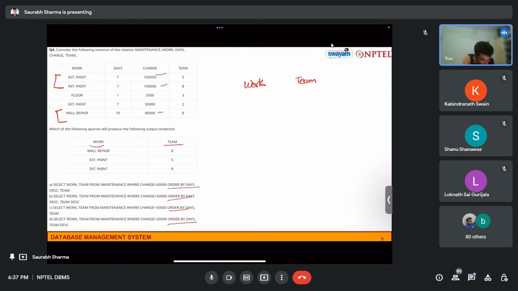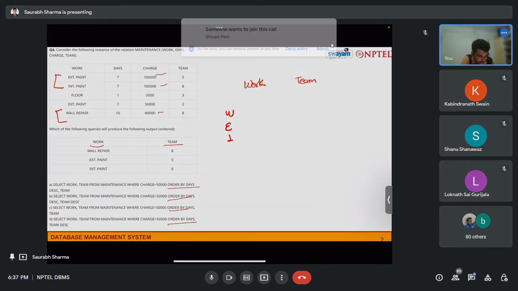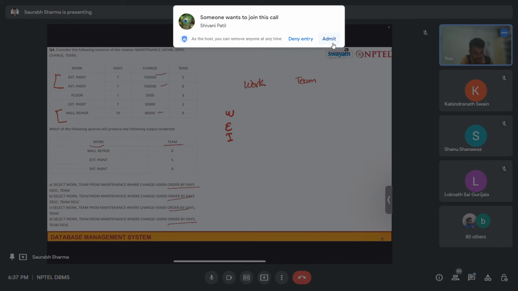Now the first option says days in descending order, then team. We will first see the days. It says wall repair should be first, then there will be exterior and interior. These two have the same number of days.